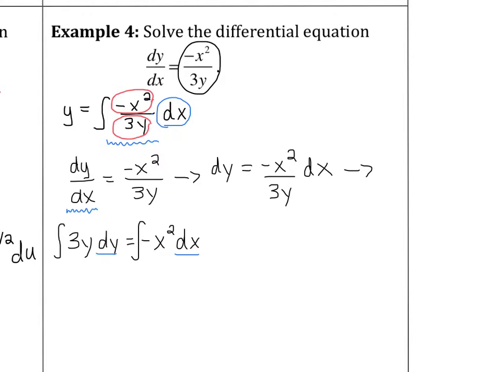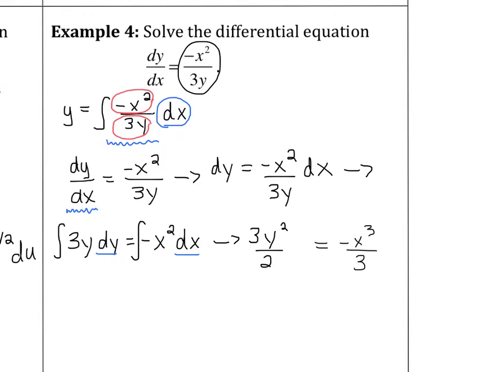And again, it can't just come out of thin air. So anyway, when we integrate the left-hand side, the 3 is just a scalar, and the antiderivative of y is y squared over 2. And on the right-hand side, the antiderivative of negative x squared will be negative x cubed over 3.